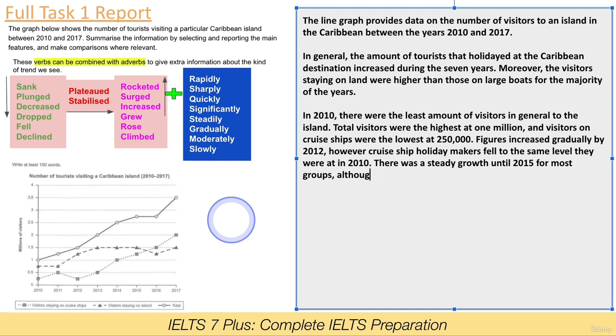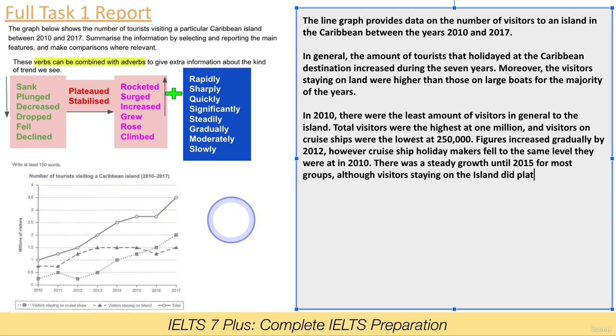Although visitors, we're checking our spelling as we're going along, really important. Visitors staying on the island.